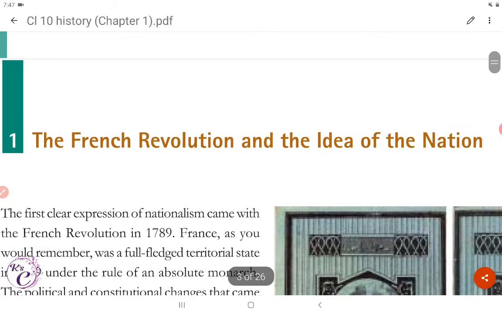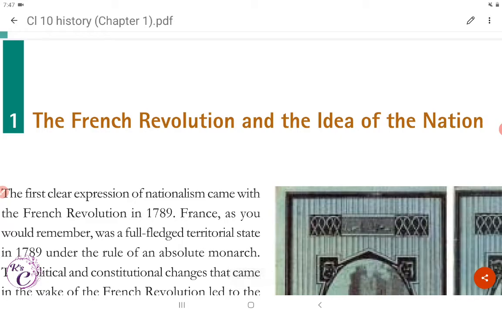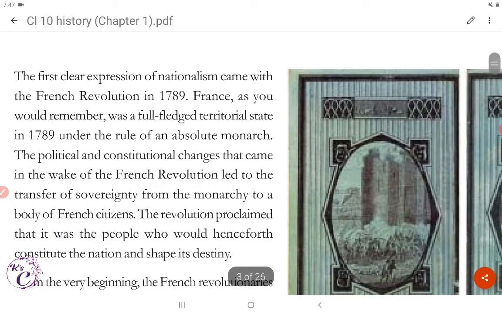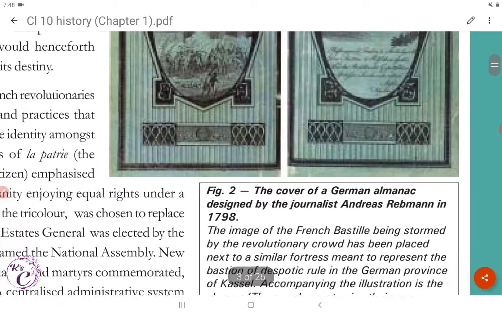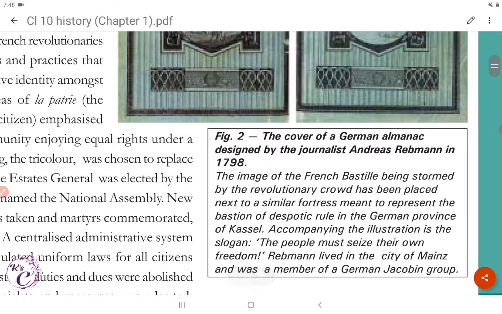Then we have 1. The French Revolution and the idea of the nation. So here's a figure, figure 2. The cover of a German almanac designed by the journalist Andreas Rebmann in 1798. The image of the French Bastille being stormed by the revolutionary crowd has been placed next to a similar fortress meant to represent the bastion of despotic rule in the German province of Kassel.